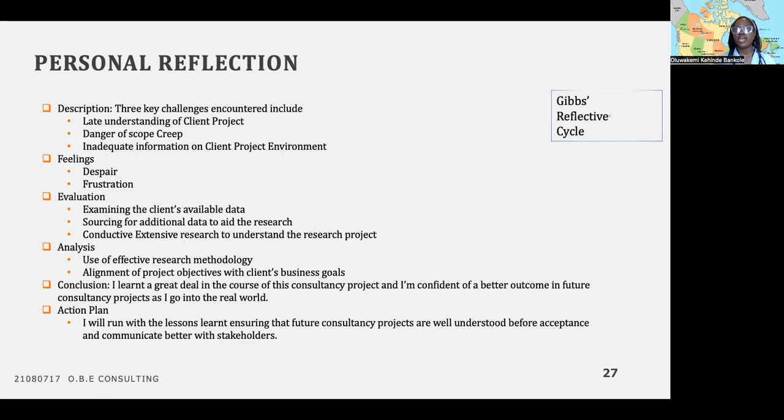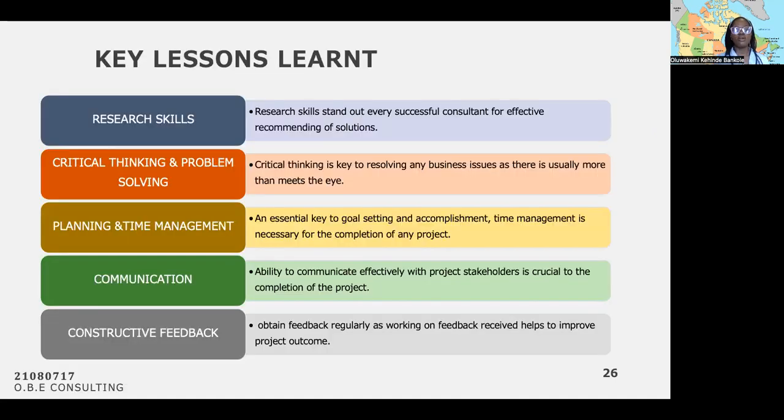I've never been to Canada. I did not understand how things operated in Canada. I had no information on Canada prior to that time. So I experienced despair, frustration, and confusion a lot of times, and effective research skills came to my rescue.